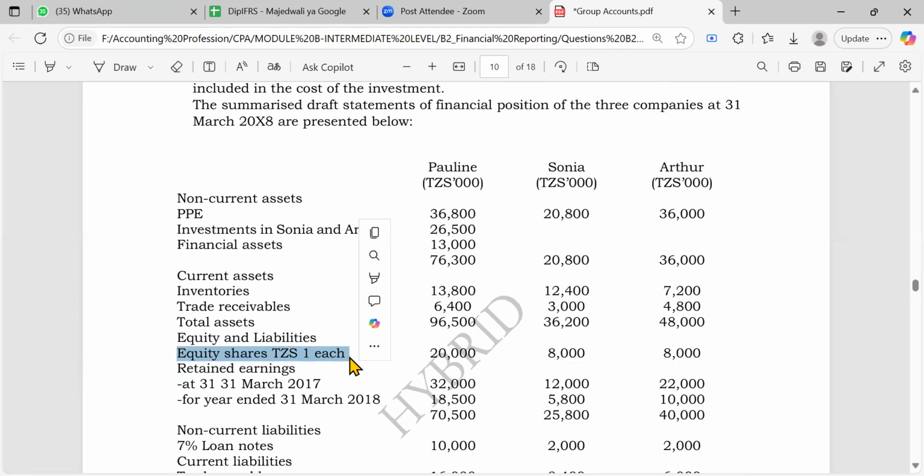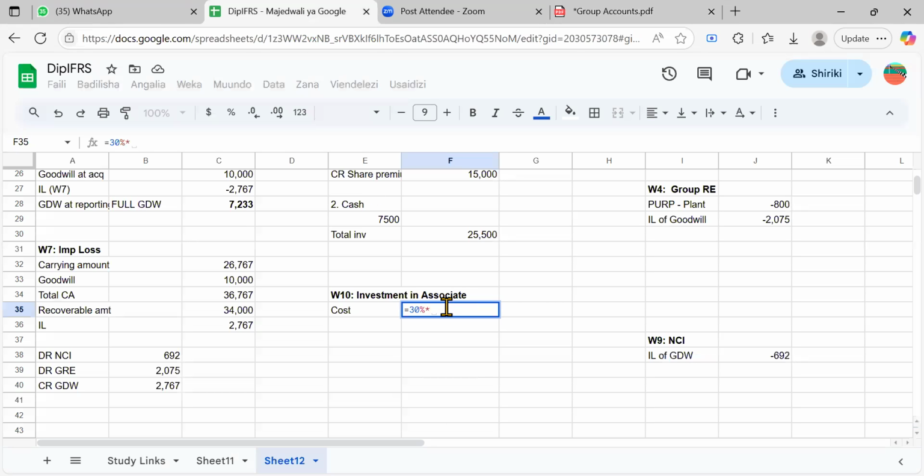Its book value is how much? 8,000. It's actually 8 million, which we say 8,000 for the sake of simplicity, divided by the nominal value of 1. So we would get 30% times 8,000, which is 2,400.